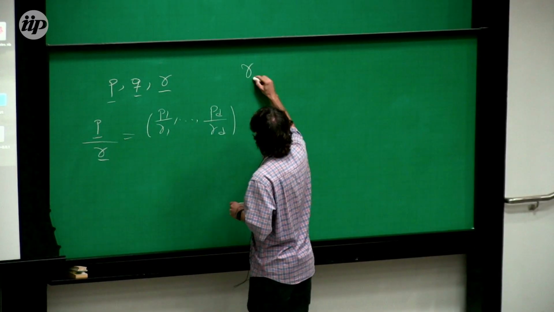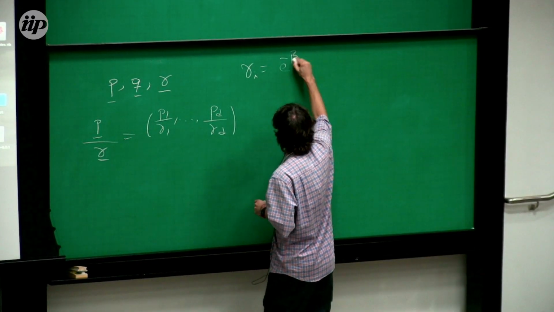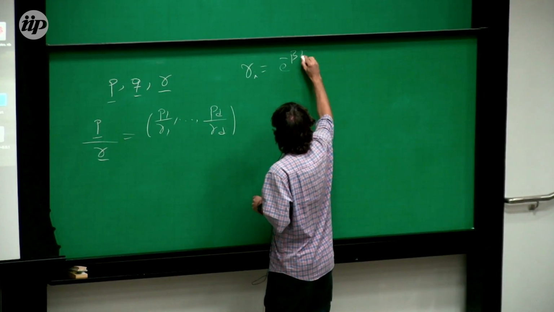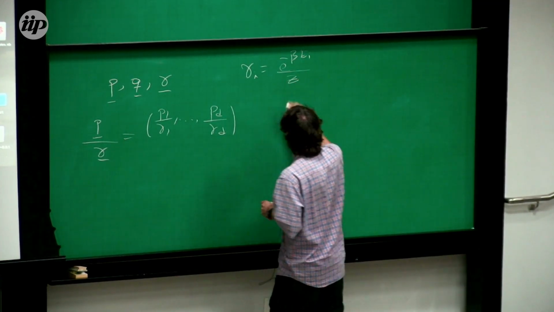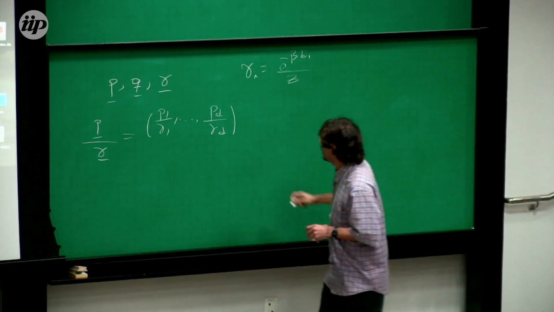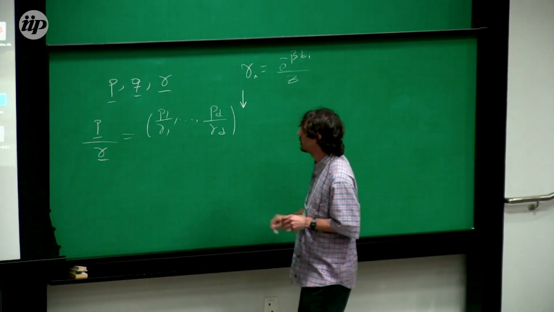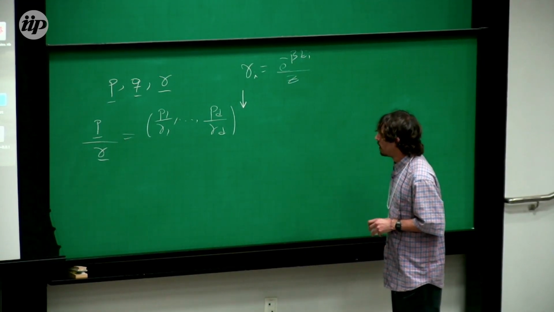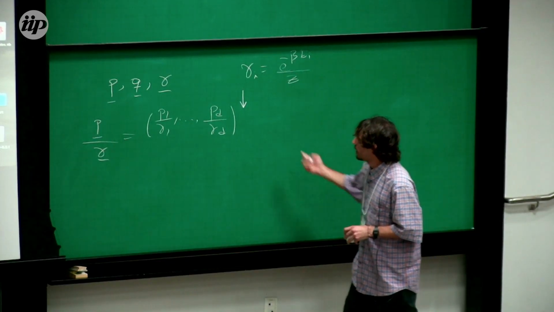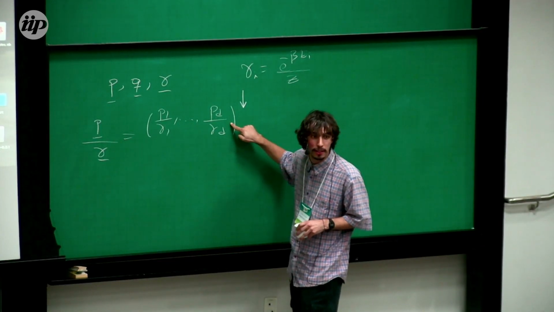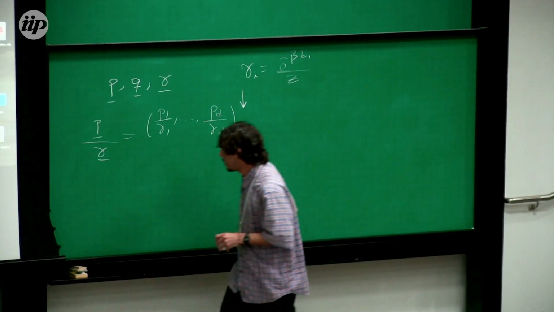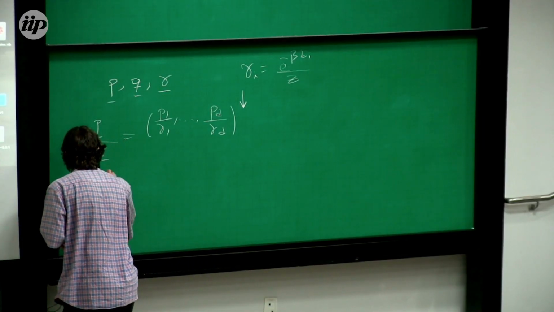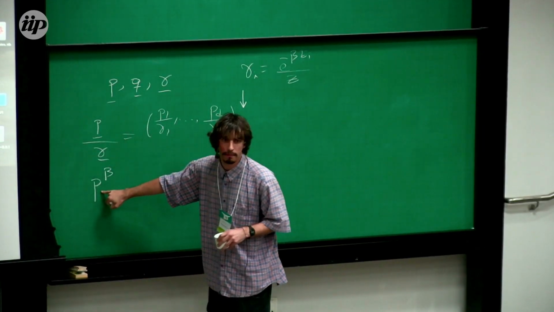Because gamma i will be e to the minus beta E_i divided by its partition function. And then I order this vector in non-increasing order. I will give a special name for it: I will say that it's the beta version of P.